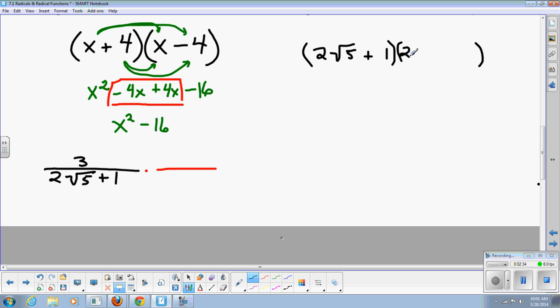Well, I'd use 2 times the square root of 5 here, and I would use a 1 here. And what would my sign be in here? It would be a minus. So now I have something set up that will give me two terms in the answer.